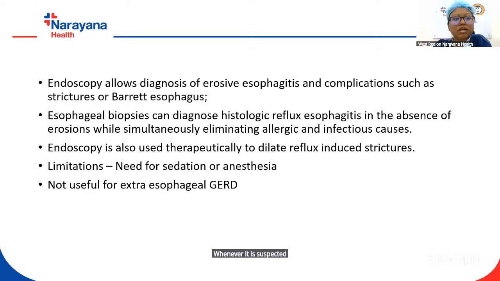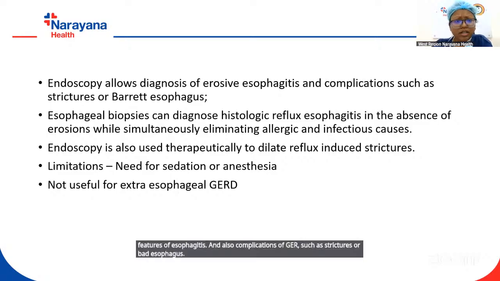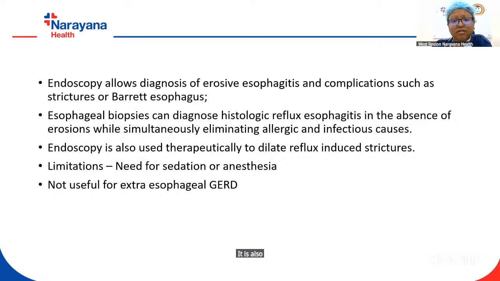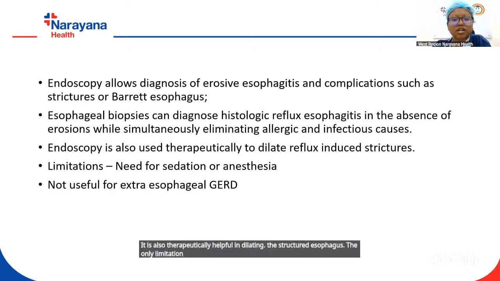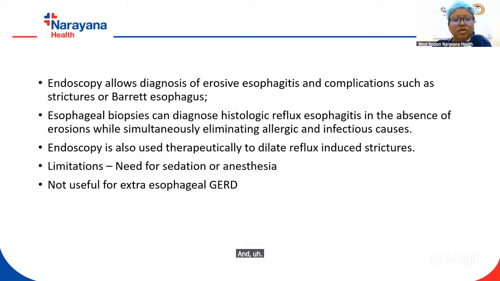Endoscopy along with biopsy can diagnose features of esophagitis and also complications of GER such as strictures or Barrett's esophagus. It is also therapeutically helpful in dilating the strictured esophagus. The only limitation is the need of sedation or anesthesia, and it is not useful for extraesophageal GERD.